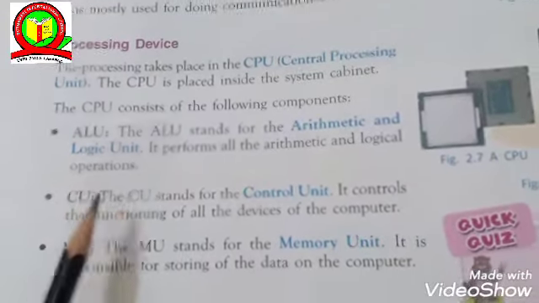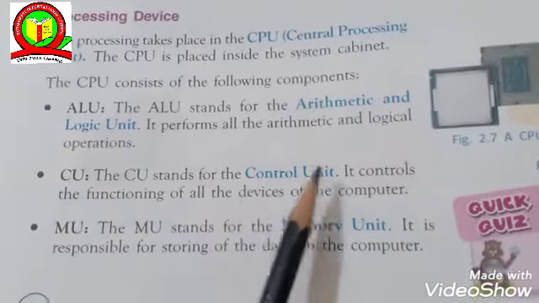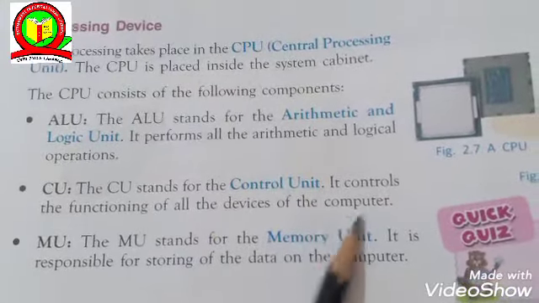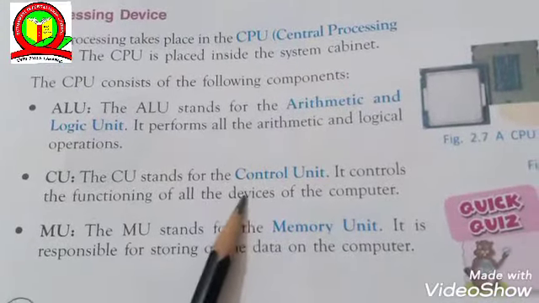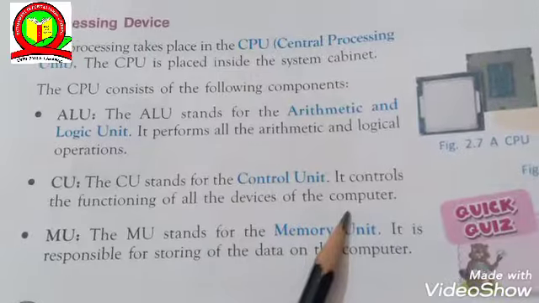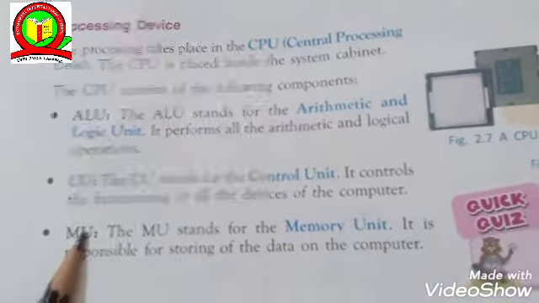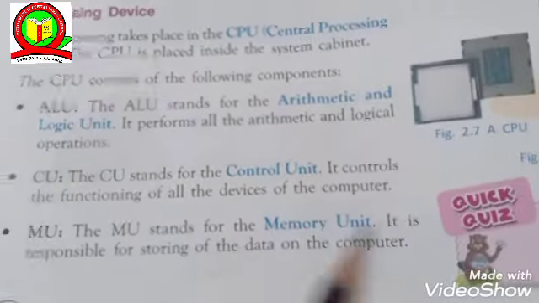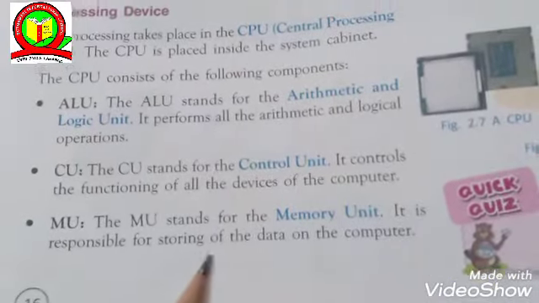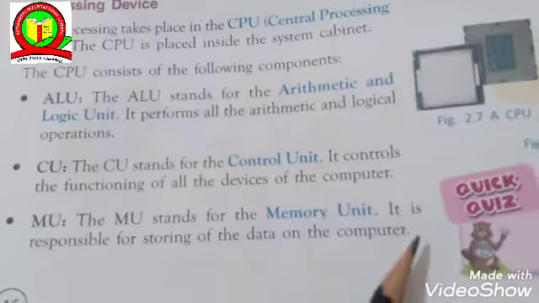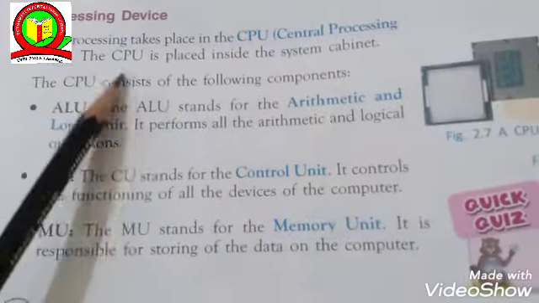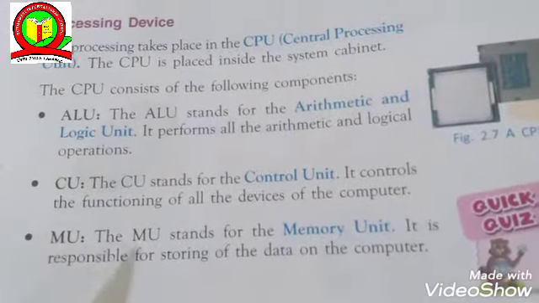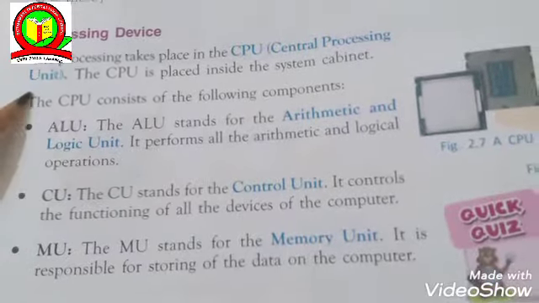CU. The CU stands for control unit. It controls the functioning of all the devices of the computer. MU. The MU stands for memory unit. It is responsible for storing the data on the computer. So these are all the components of the CPU.